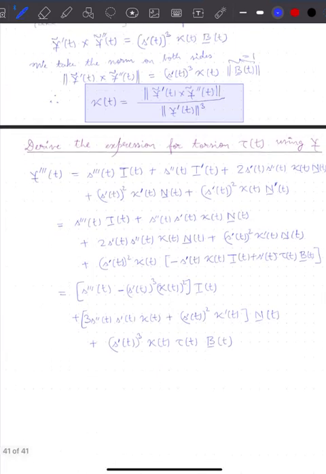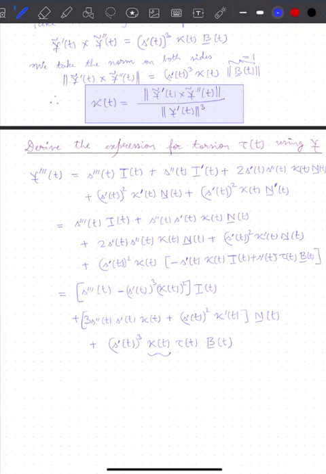And so kappa of t is equal to the norm of the cross product of gamma prime and gamma double prime, divided by the norm of gamma prime of t cubed, which is just s prime.